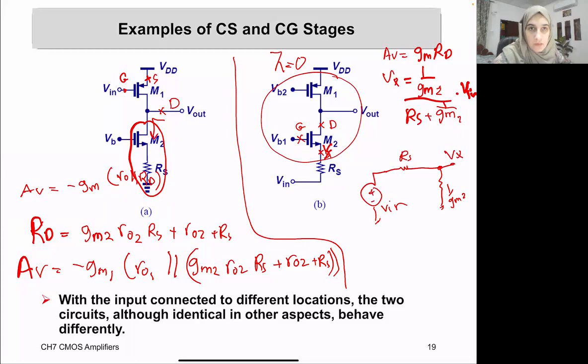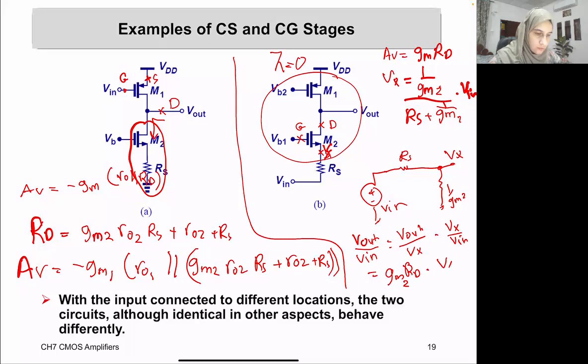So Vx we can find from this voltage divider, and then V out over Vn will equal V out over Vx times Vx over Vn. Therefore, V out over Vx is the gain GM2 RD, and yes, we need to replace our RD, times (1 over GM2) over (1 over GM2 plus RS).